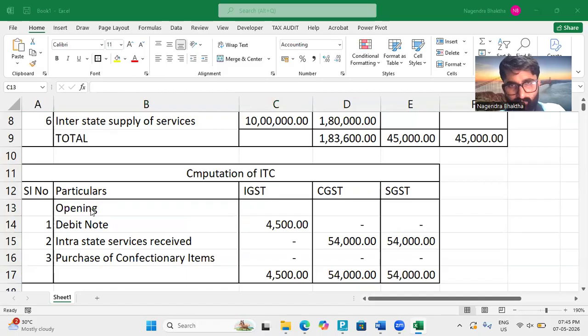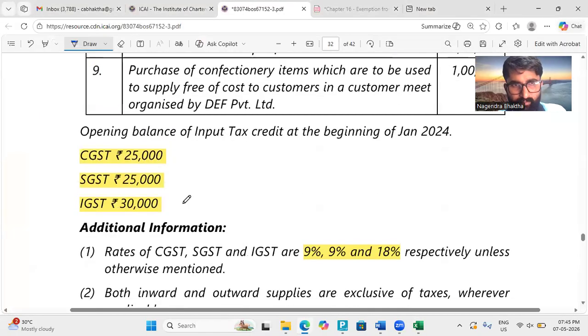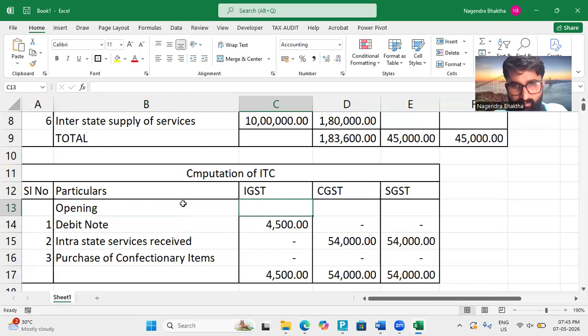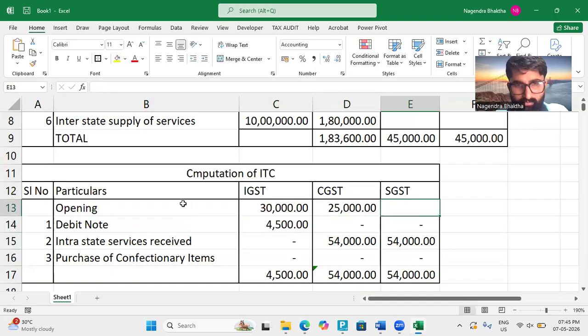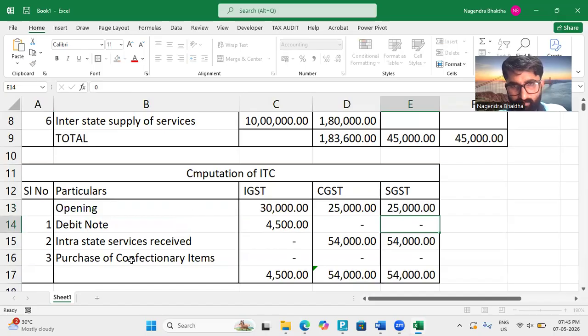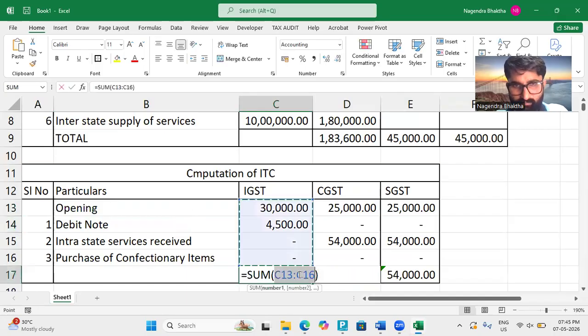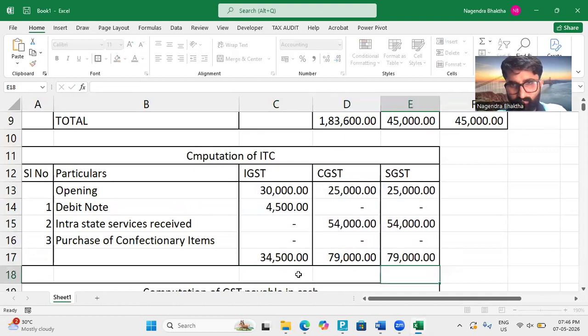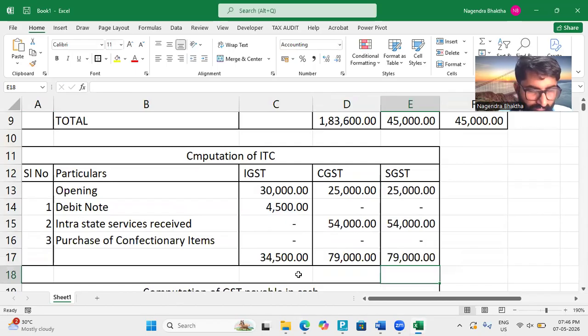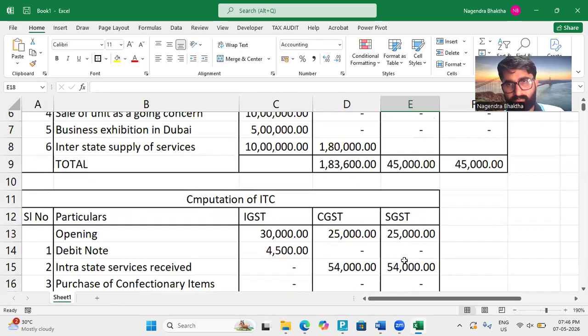We missed that point. IGST is 30,000, CGST 25,000, SGST 25,000. So the total is 1,20,000, 79,000 and 79,000. Let's check the answer.